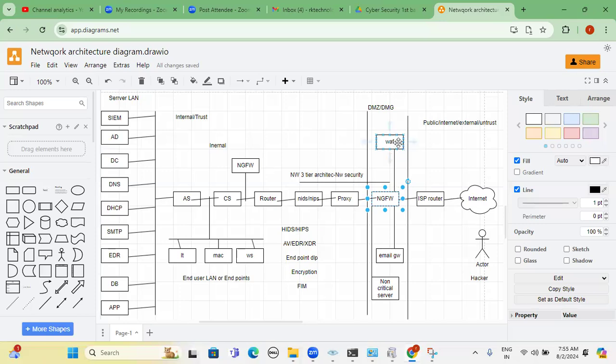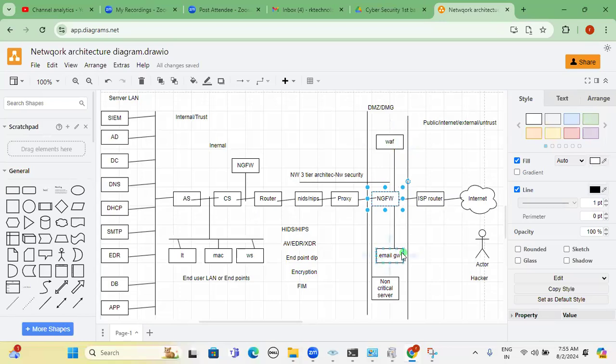The web application firewall acts like an entry point where any OWASP Top 10 category of attack should be identified, monitored, detected, alerted, and prevented, blocked or allowed. So that is the functionality of the web application firewall.